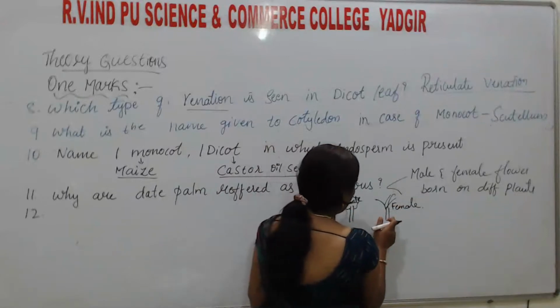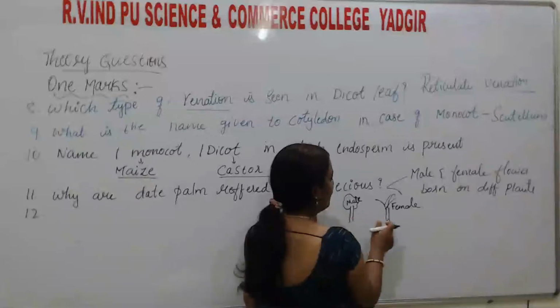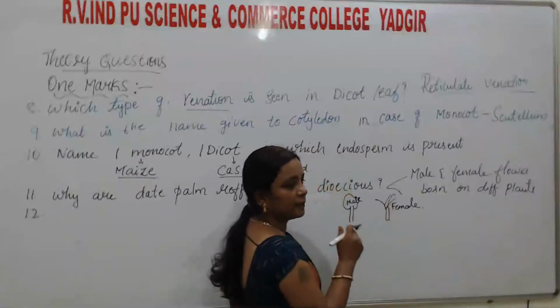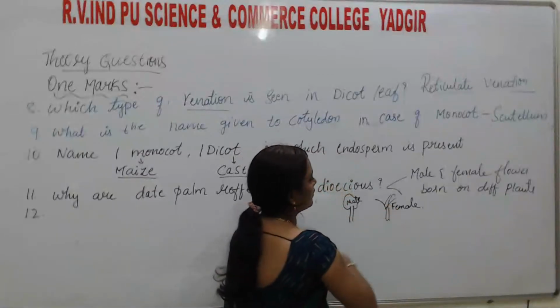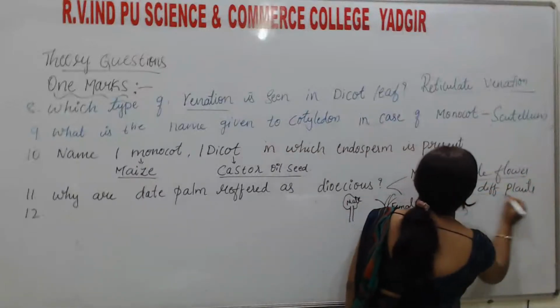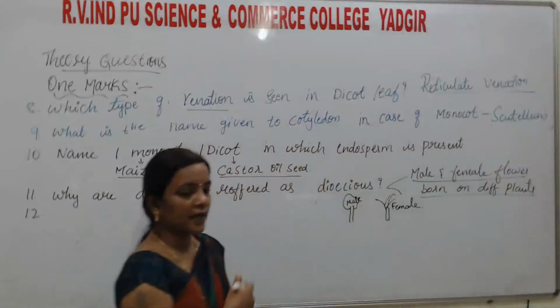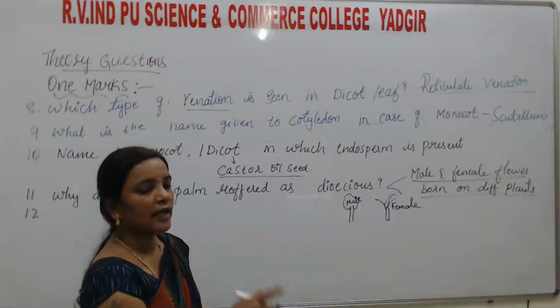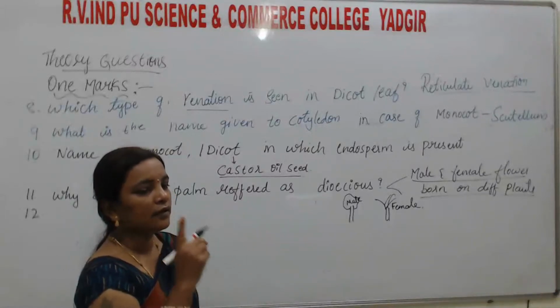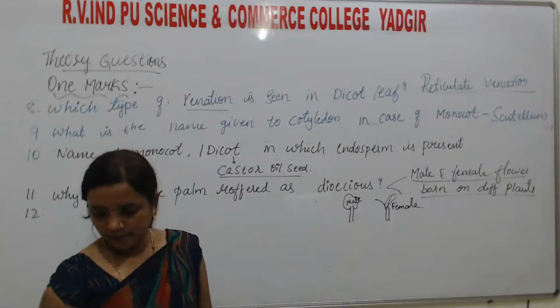Male flower on one palm tree and female flower on the other palm tree. Answer: male and female flowers borne on different plants. They are dioecious, having only one type of flower on the plant.